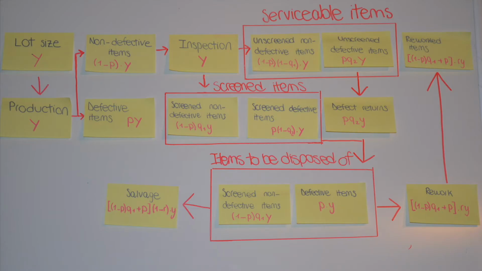This framework will give us an overview of the whole inventory flow of the imperfect quality and imperfect inspection inventory system, and therefore it will help us to understand the two types of error that we named before.